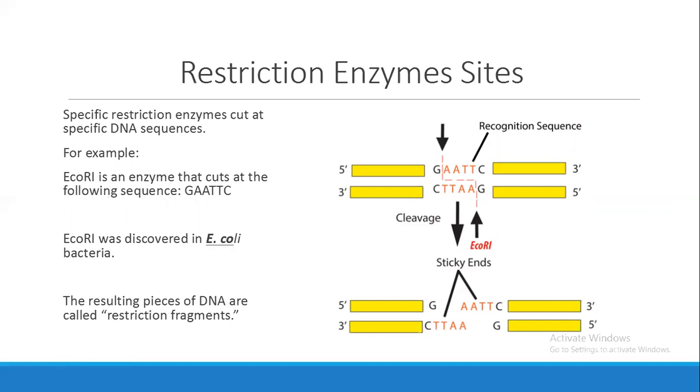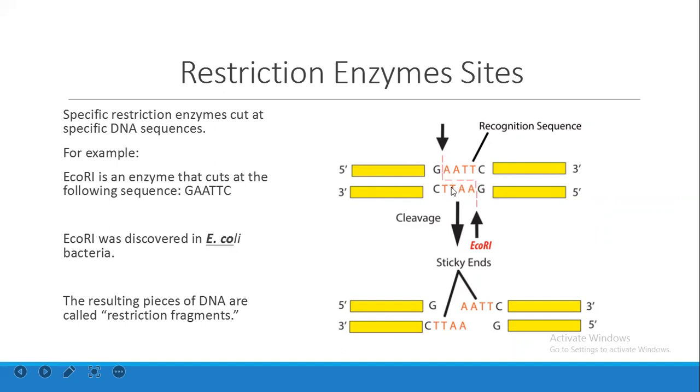For example, EcoRI is an enzyme that cuts at the following sequence, GAATTC. We have a piece of DNA, and in this portion of DNA we find the sequence GAATTC. So EcoRI is a specific restriction enzyme that cuts only the GAATTC sequence.